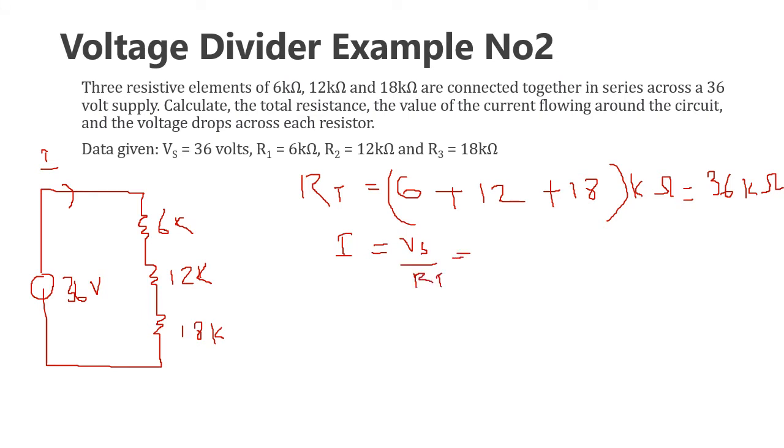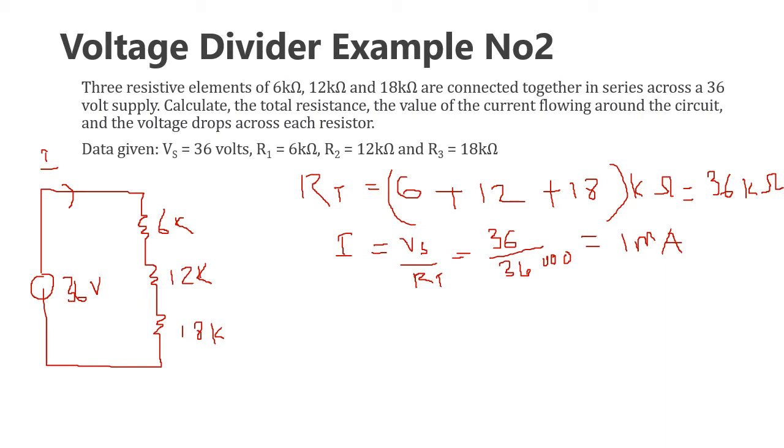We know the value of Vs is 36 volts, RT is 36 kilo ohm. 36 kilo ohm means 36,000 ohm. So that will be equal to 1 milliampere, 1 over 1000 ampere. So we can write it as 1 milliampere.